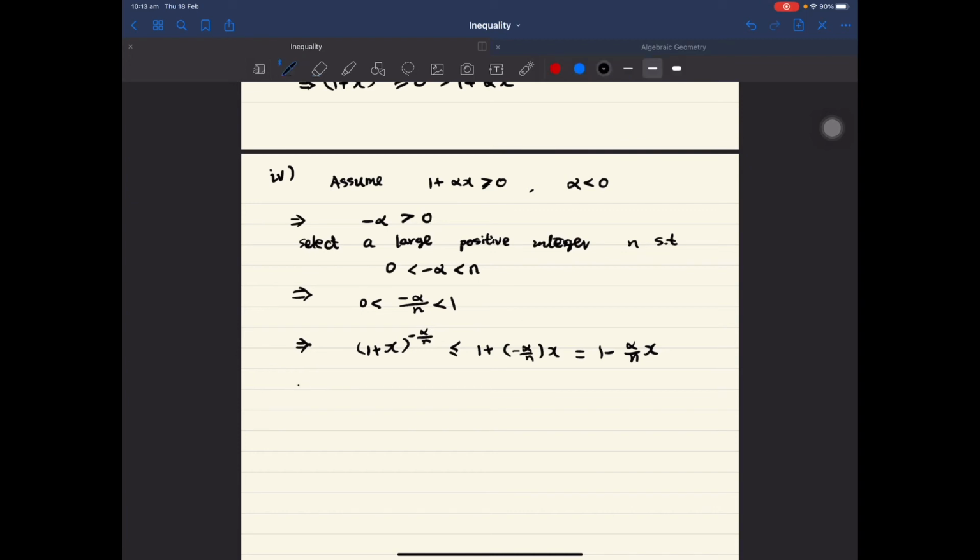And then we're taking the reciprocal of both sides, since that is greater than 0, so we can divide that. (1 + x)^(alpha over m) is greater than or equal to 1 over (1 minus alpha over m x).